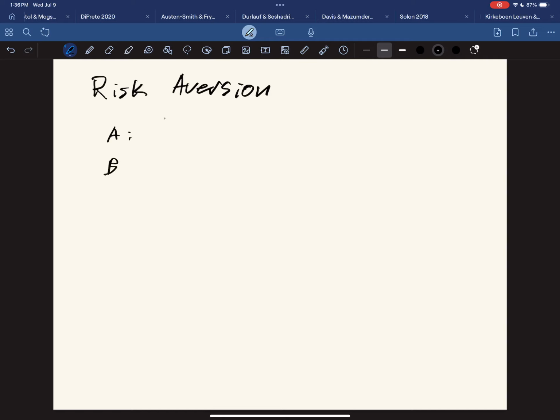Lottery A says you win $500 with probability 1/2, and $0 with probability 1/2.